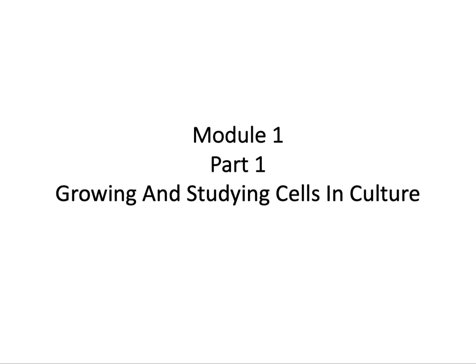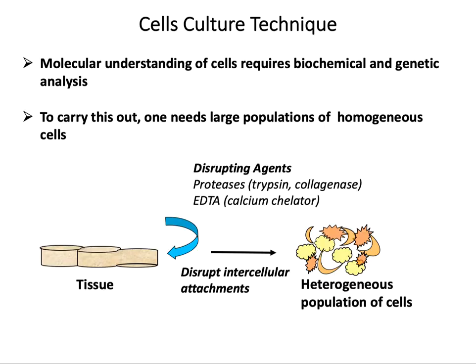First, we are going to talk about how we can grow cells in the laboratory. Why do we want to grow cells in culture? To have a molecular, biochemical, and genetic understanding of cells requires a large population of cells that are homogeneous. One way to do this is to purify a large population of cells from tissues and then conduct biochemical studies and genetic analysis.